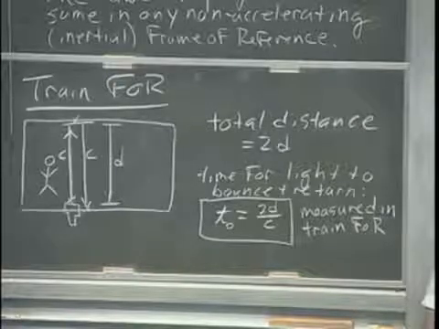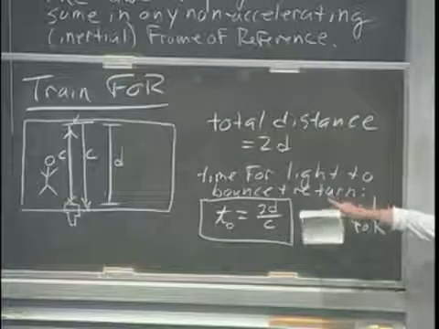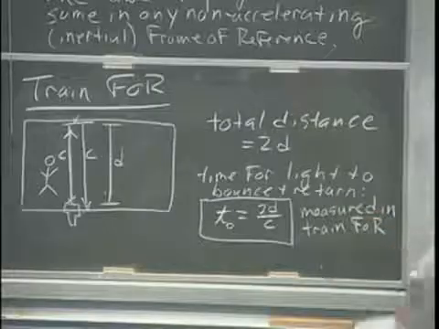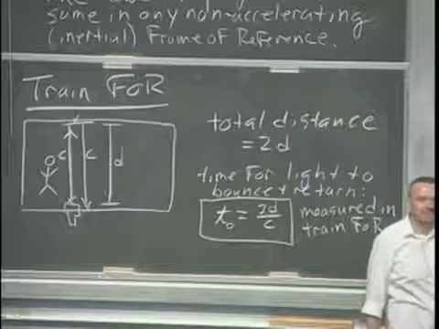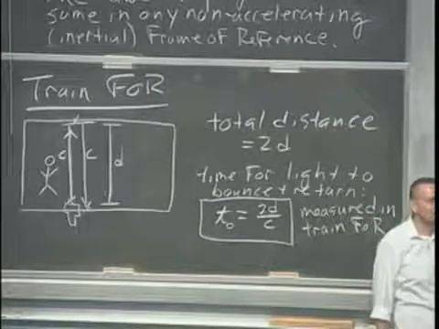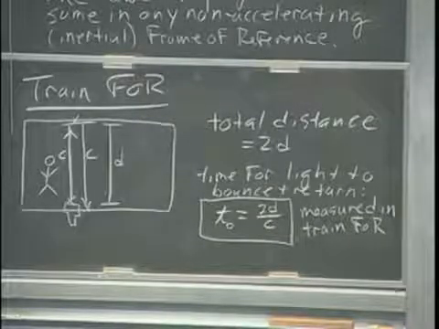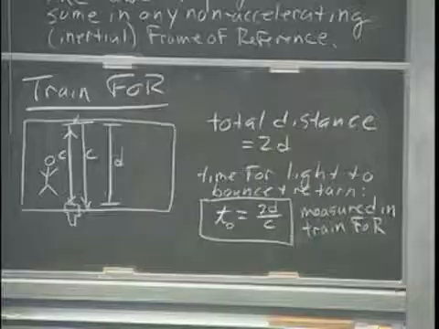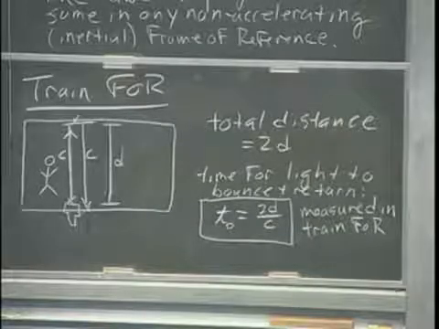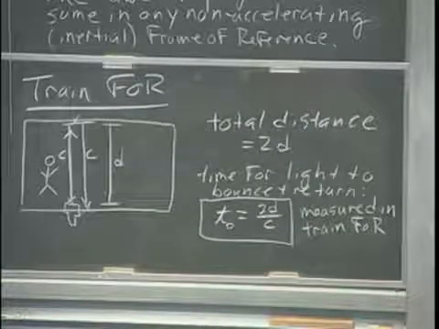Okay? But because we're trying to understand the implications of special relativity, we're forcing this to be c. That's it. That's what it is. In this frame of reference, it has to be c. That's what Einstein tells us. Okay, so let's go ahead and draw this triangle again. The path of the light over here.